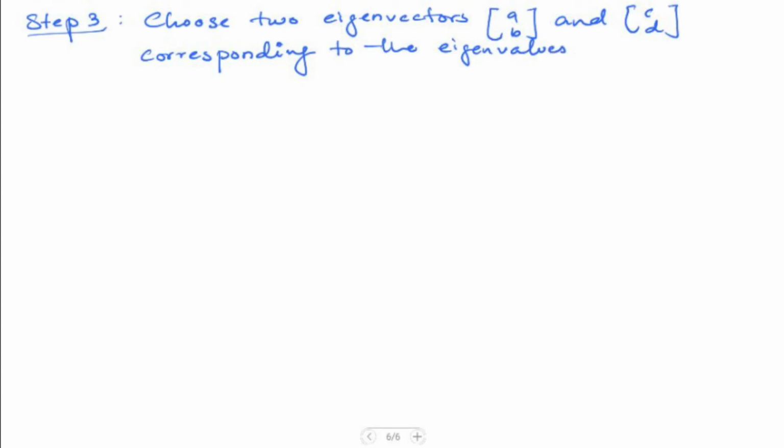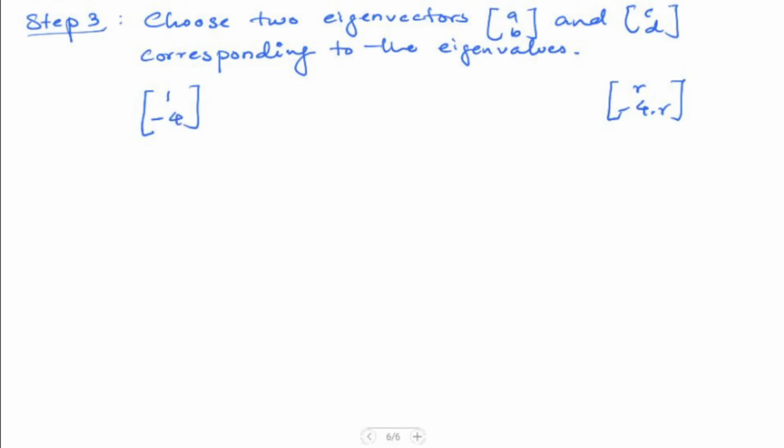Okay, so for the first one, for AB, as we know, we have the eigenvector as R, minus 4R. So what we could do is take R as 1. In that case, we'll get 1, and minus 4 times 1, that's minus 4.